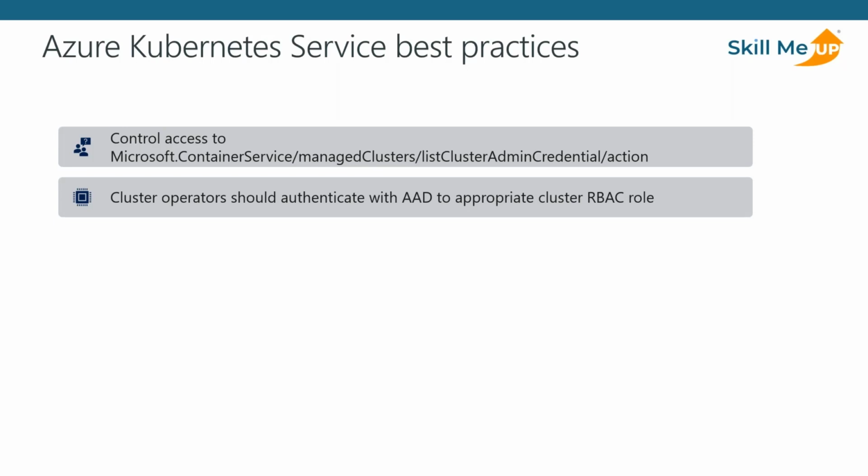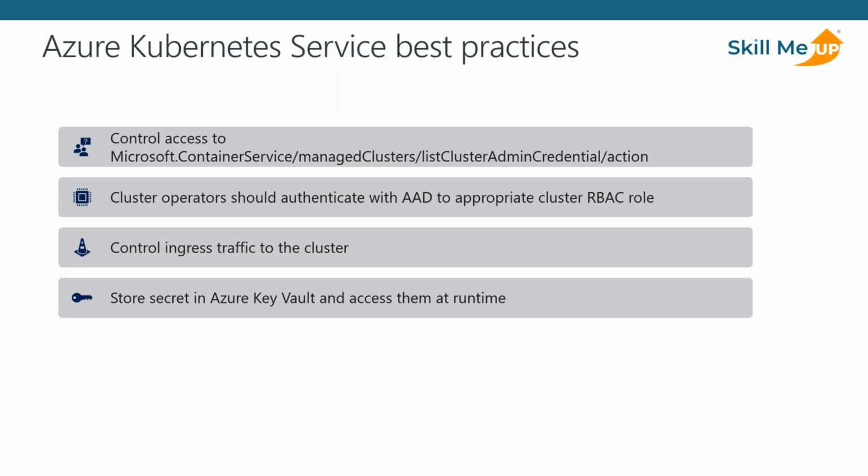Instead of everyone getting cluster admin credentials per request on their own, we should implement Azure Active Directory authentication within the AKS cluster. And on top of that, we should bind those into appropriate in-cluster roles as well.